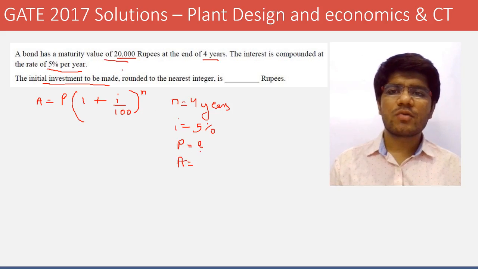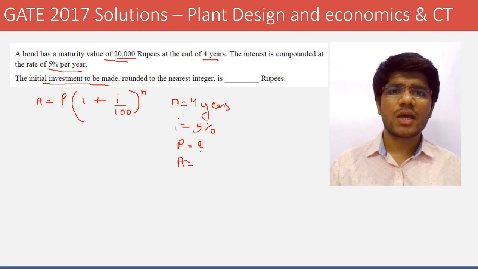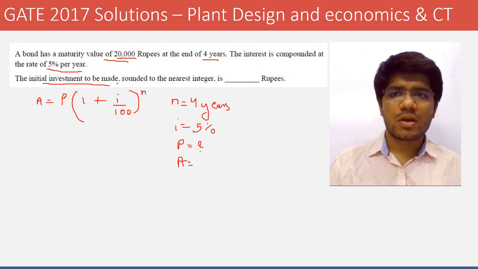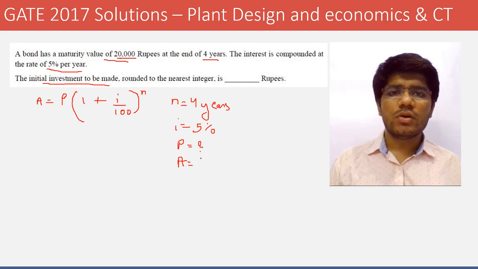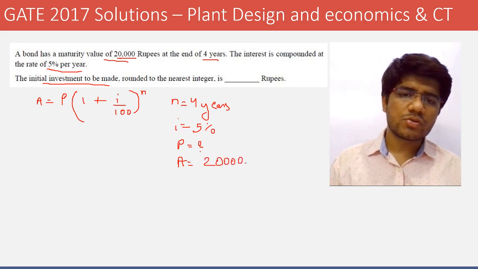How can we understand what maturity value is? Sometimes we see this with life insurance. After some time the policy matures. So maturity value means final value. After the final installment, the amount increased up to 20,000, so the final amount is 20,000 rupees.